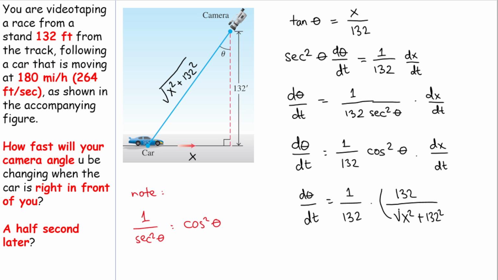Okay, and then multiply that by dx dt. And this one is squared, right?